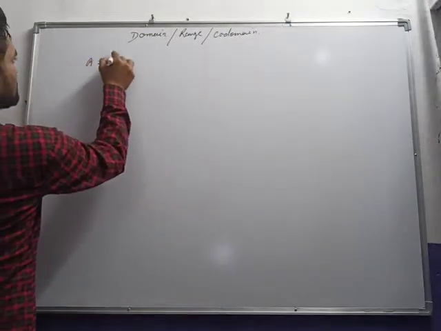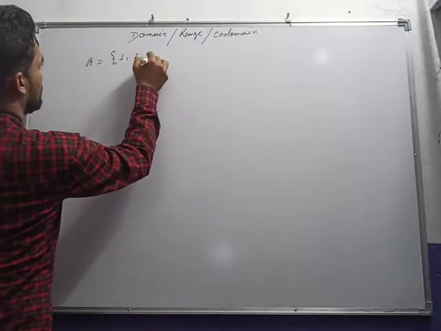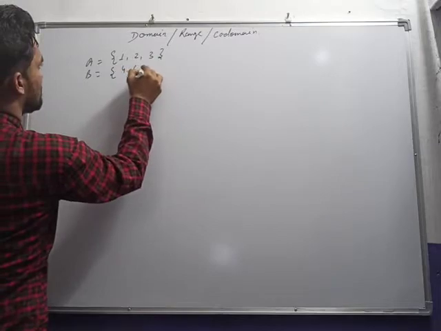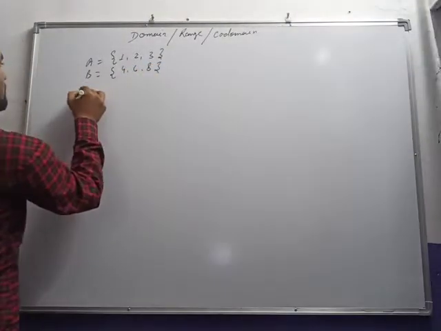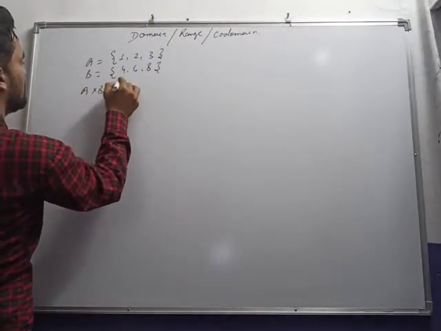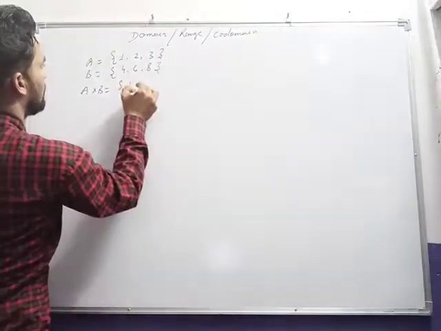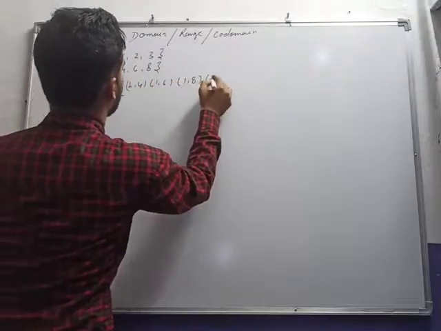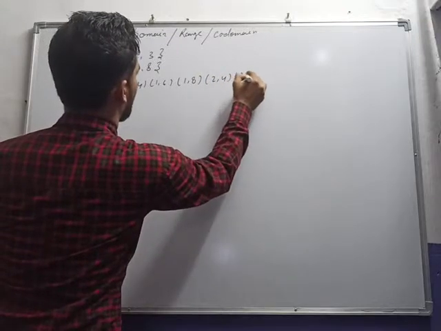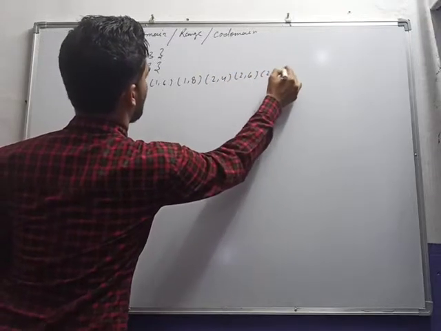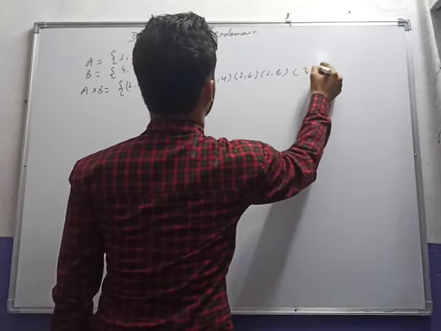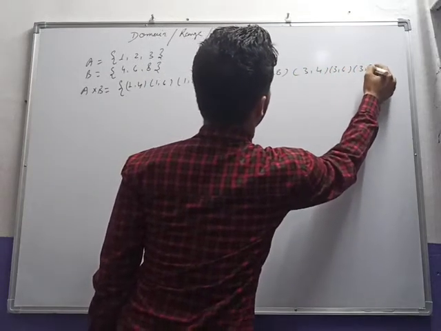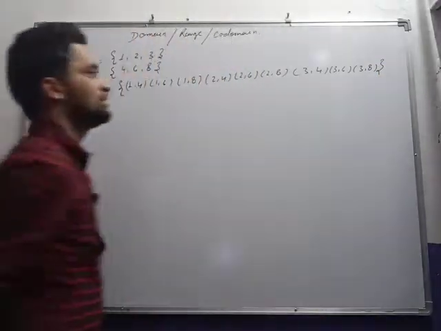Suppose set A is equal to 1, 2, 3, and set B is equal to 4, 6, 8. So A cross B must be, as you know, the Cartesian product: (1,4), (1,6), (1,8), (2,4), (2,6), (2,8), and similarly (3,4), (3,6), and (3,8). So this will be your Cartesian product.